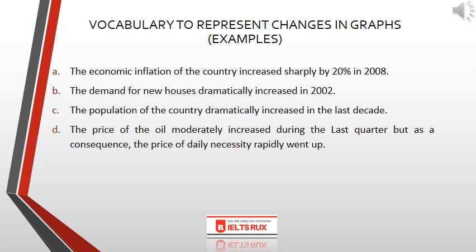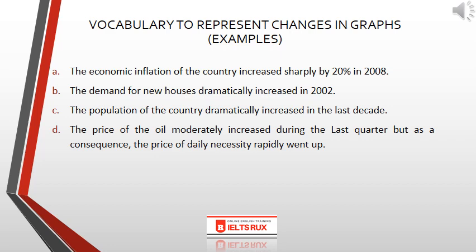So over here in the first statement is sharply, as I said earlier. The second one is dramatically increased. The third one is dramatically increased in the last decade. Now you are showing the time also, and you are presenting it in a precise manner, if you use the statement in your answer.